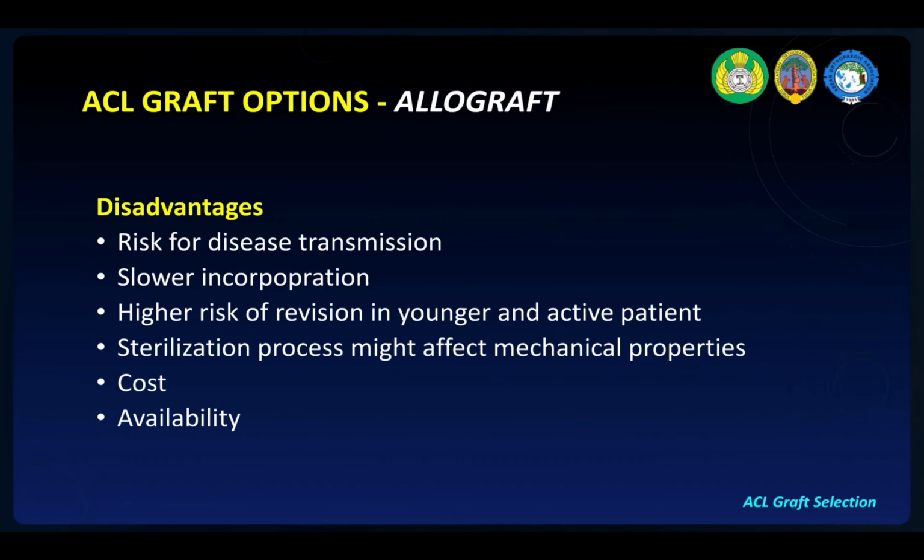But the disadvantages are risk of disease transmission, slower incorporation, higher risk of revision in younger and active patients, the sterilization process might affect mechanical properties, and of course cost and availability. Like in Indonesia and many parts of the world, allograft is hardly available.